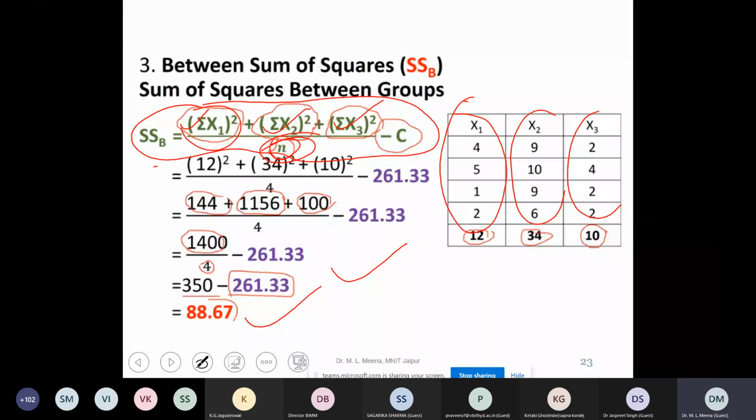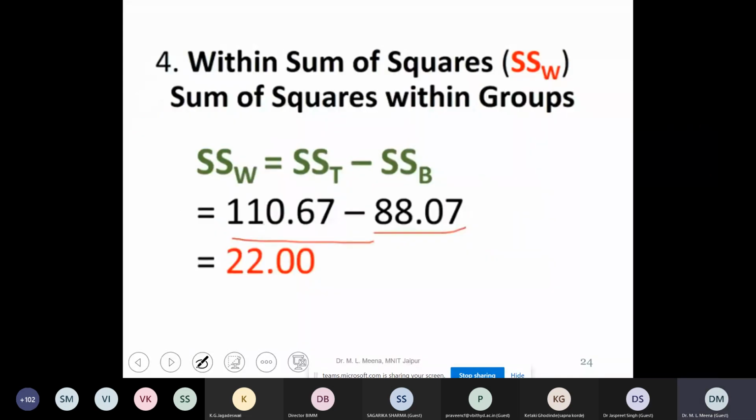Next, step 4: the within sum of squares, SSW, the sum of squares within groups.